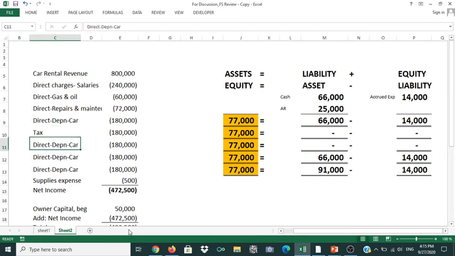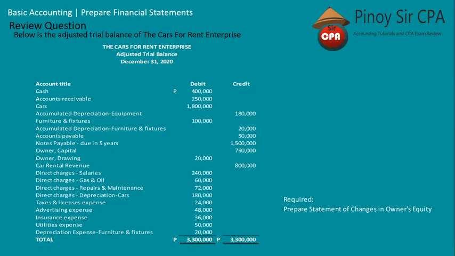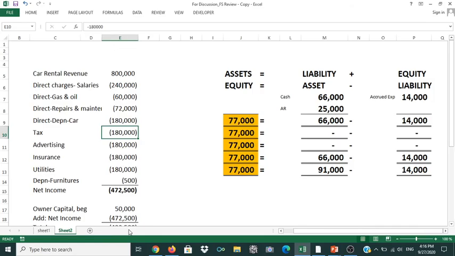Tax, advertising, insurance, utilities, tama ba? Then depreciation ng furnitures. Tama po ba?